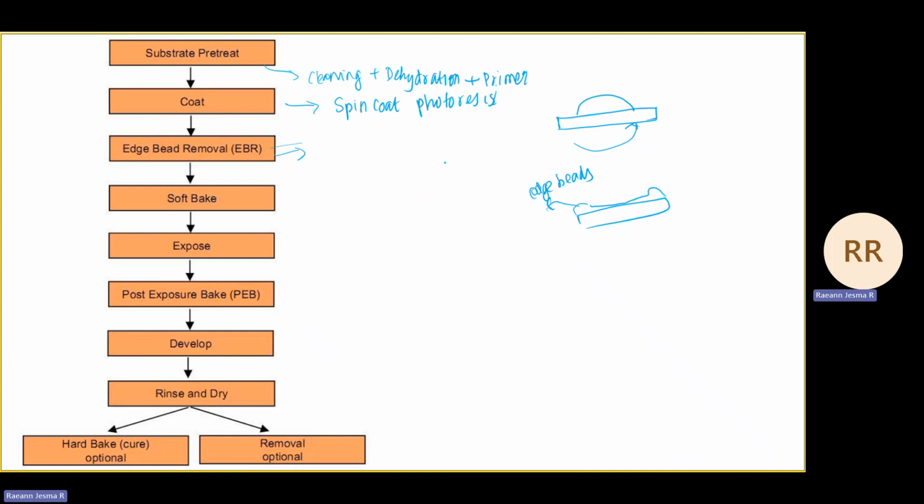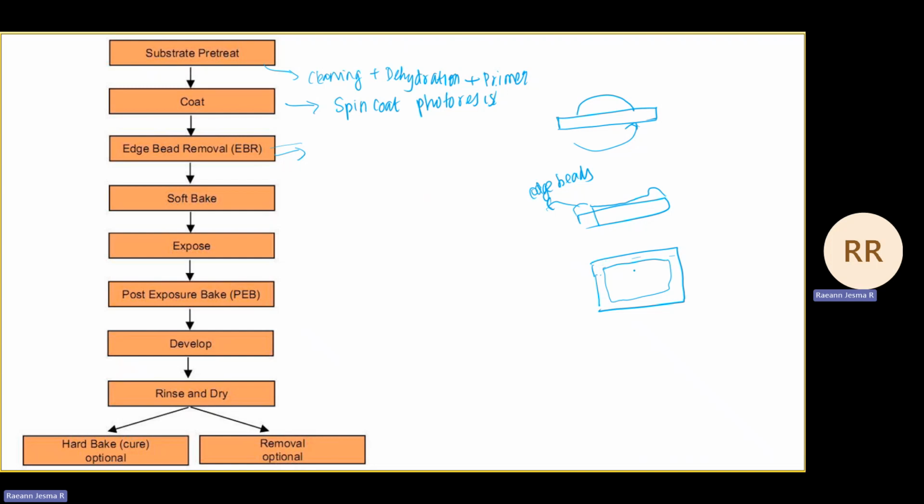This is mainly for small samples, and generally when you are doing fabrication, we will have some boundary region. So, if your sample is like this, you will not keep your devices near the edge. You will keep them somewhat in the interior region, and the reason is that in the region where we have edge beads, the photoresist thickness will be very high.